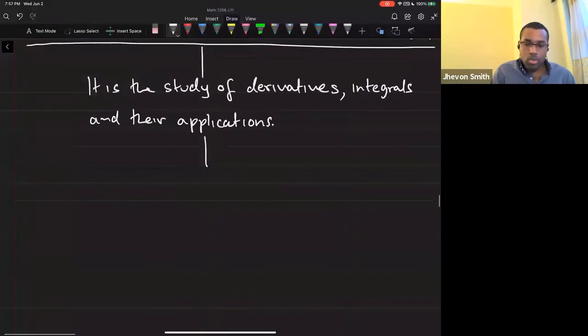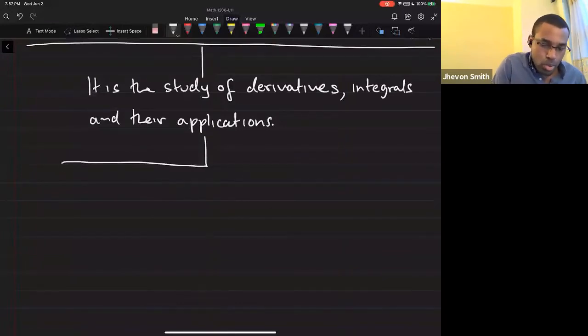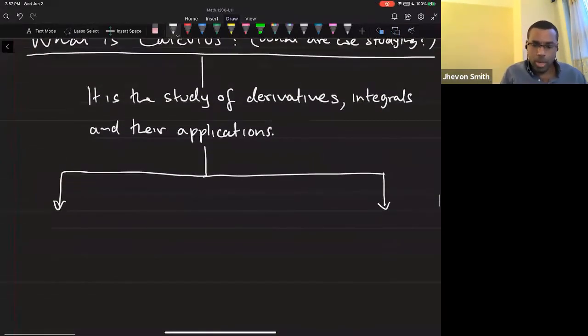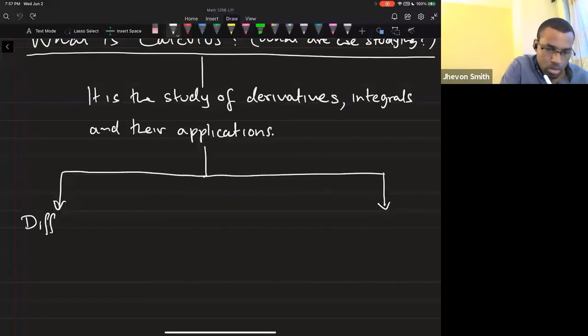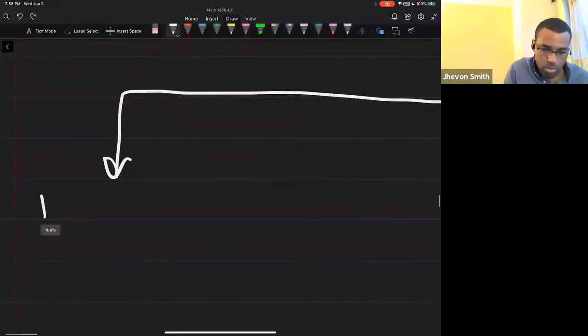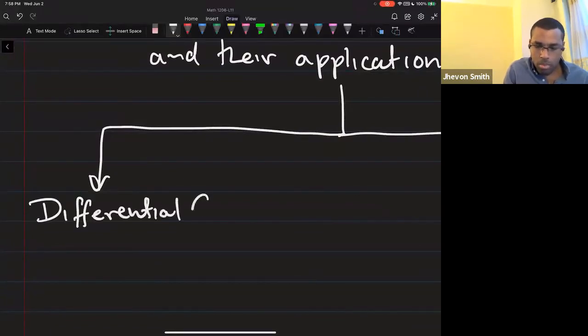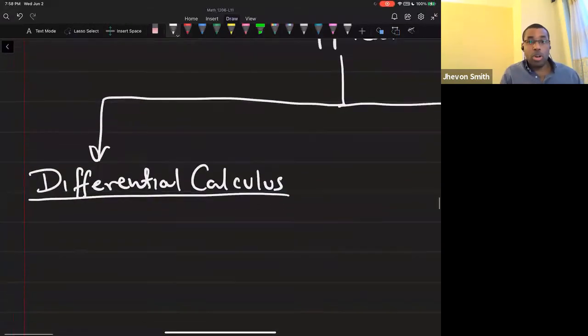So what that really means is that it branches off into two, has two branches. So calculus is the study of these things, but it's split into two parts. You have what's called differential calculus. So that's one branch.